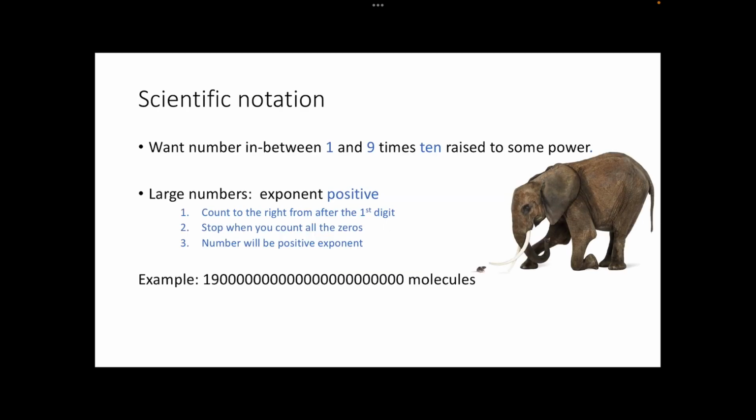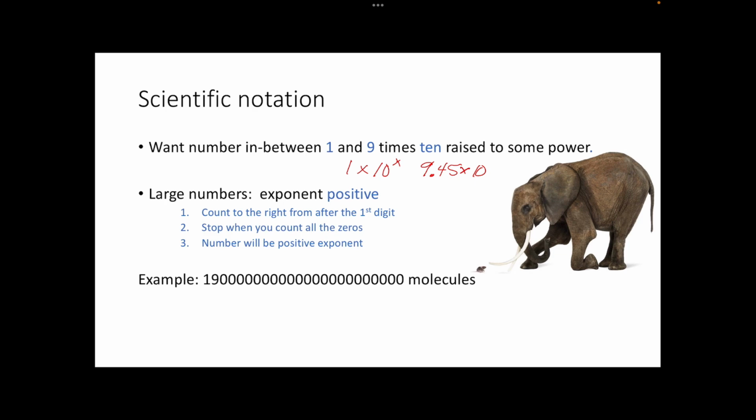So for scientific notation, first of all, we want the number somewhere between 1 and 9 times 10 raised to some power. So it'll be 1 times 10 raised to some power, and we'll just call it x for now. Or it could be 9, and it can be a decimal. It could be 9.45 times 10 to some power.